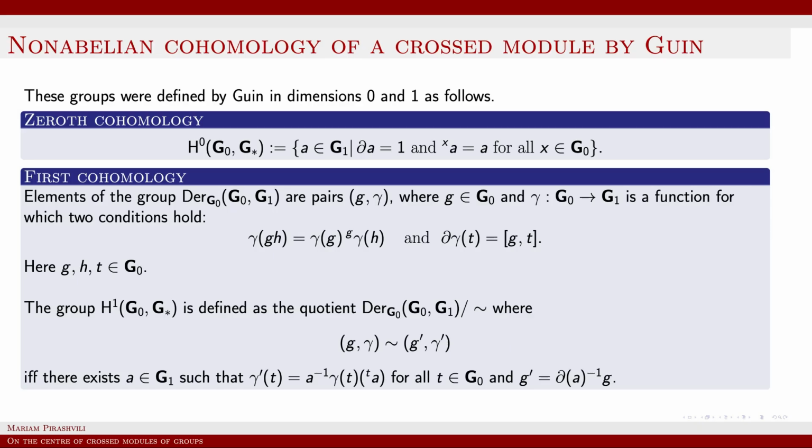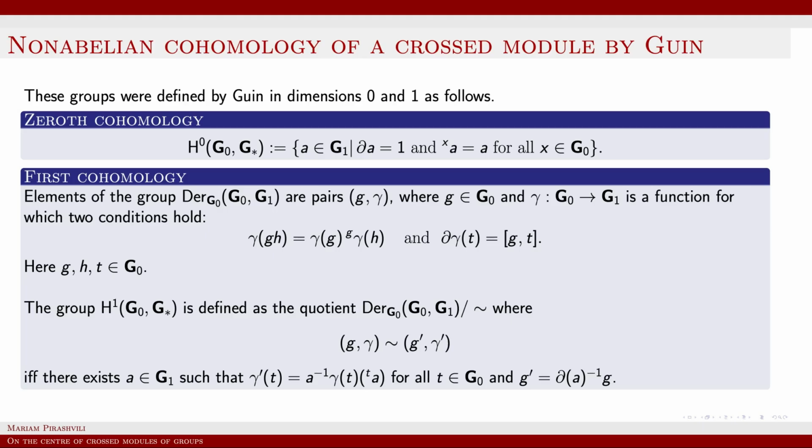So this center is also related to non-abelian homology, where there are similar concepts defined by different people. The definition that I'm using here is by Guillaume. It exists in dimensions 0 and 1. And H0 is defined like so.